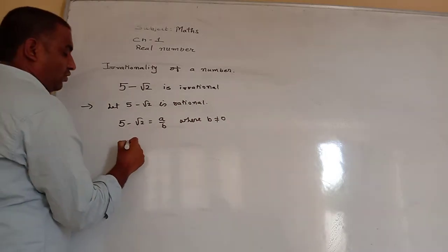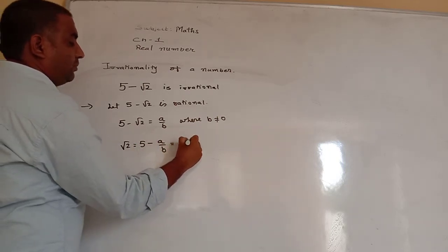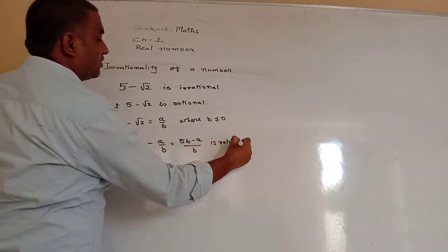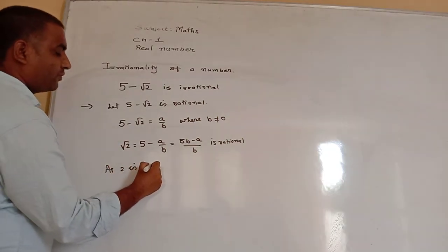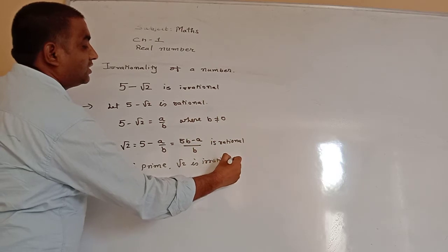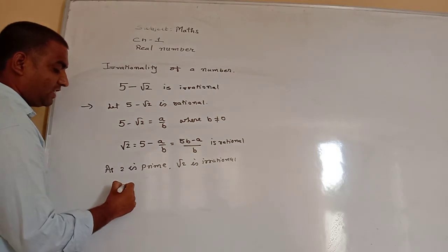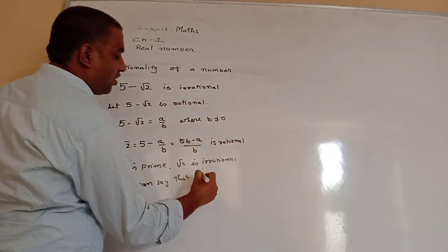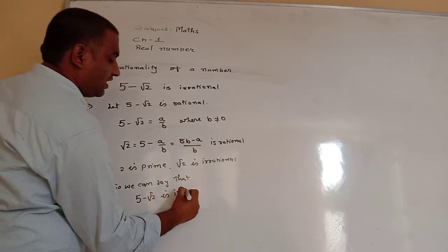So we can write that root 2 equals 5 minus a by b, that means 5b minus a upon b is rational. But again we know that as 2 is prime, root 2 is irrational. So we are getting a contradiction between two statements, and so we can say that our assumption is wrong, and so 5 minus root 2 is irrational.